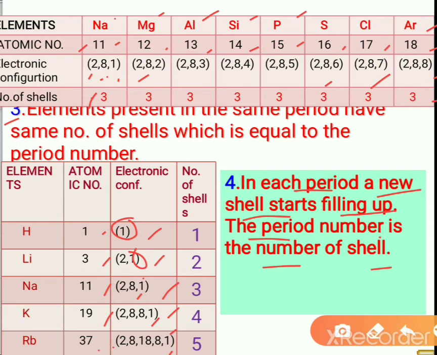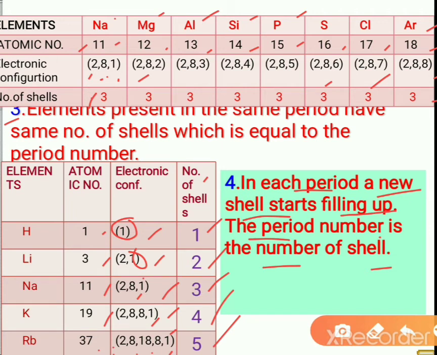You can see that is 1. But how many shells for hydrogen? 1. Lithium? 2. Sodium? 3. Potassium? 4. And rubidium? 5. That is 2, 8, 18, 8, 1, 5 shells shown here.